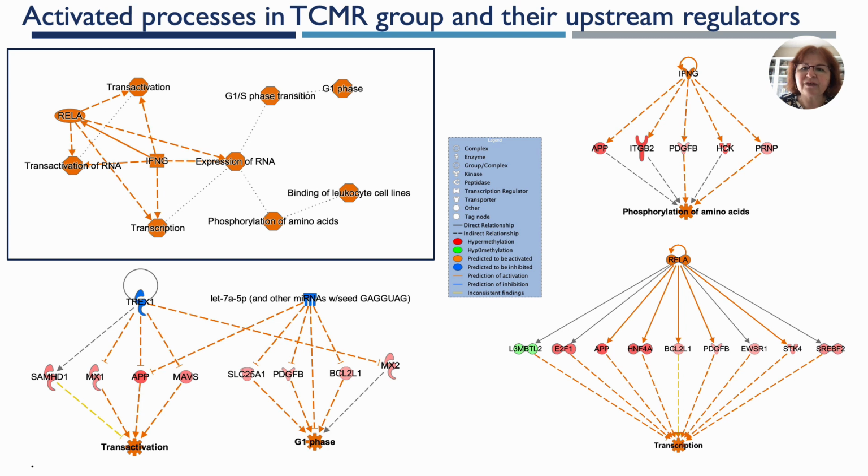IPA revealed activation of gene expression as well as cell cycle activation. Transcription and phosphorylation of amino acid were also highly activated. The processes were predicted to be regulated by specific transcription factors as upstream regulators presented on the top of the networks.